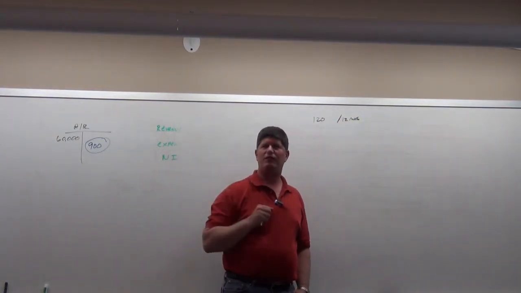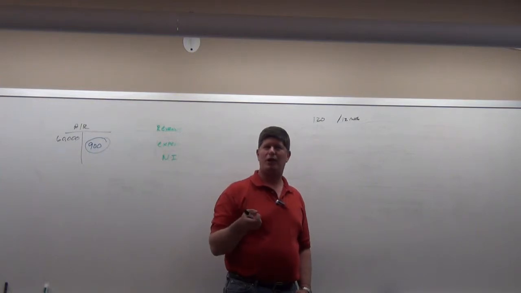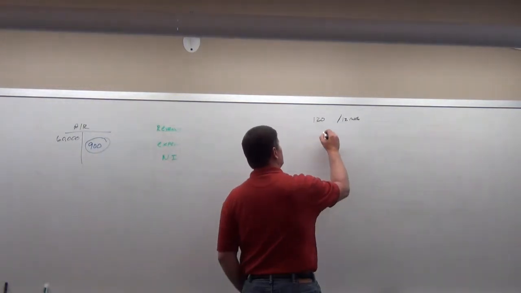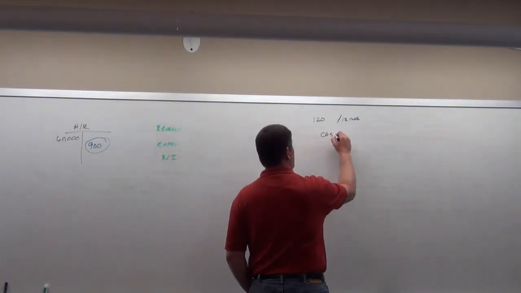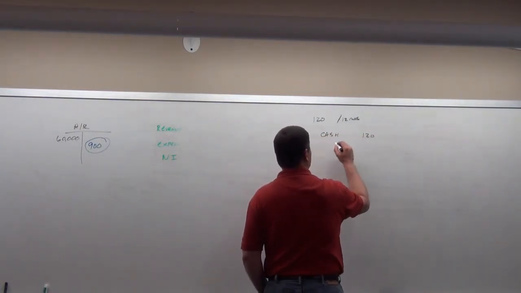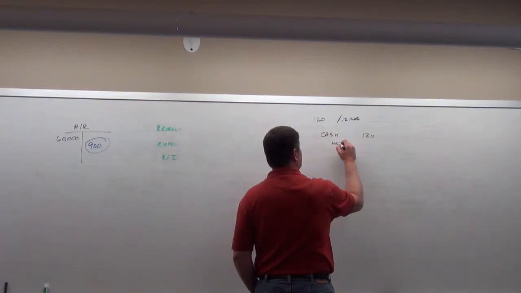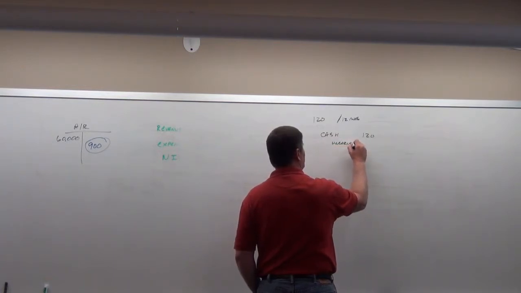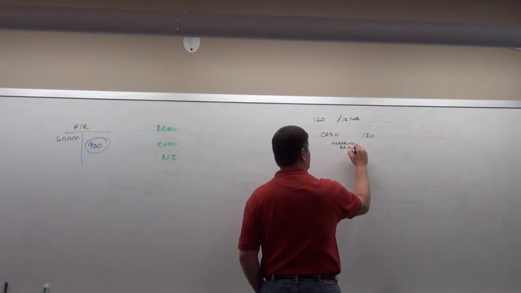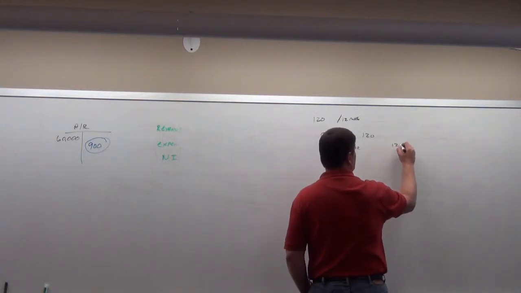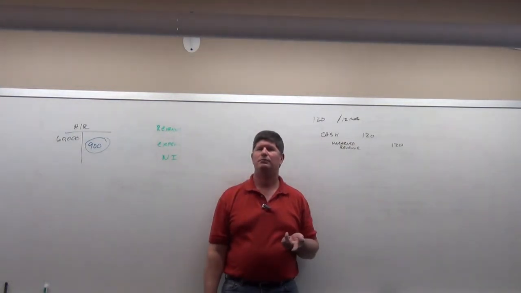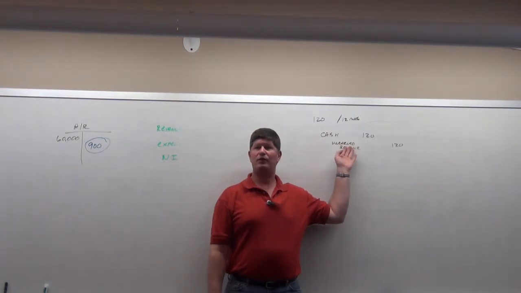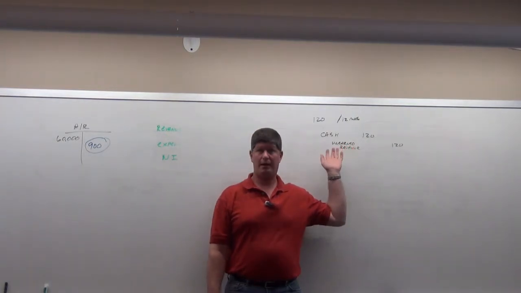We write a check, we mail it off to People. They cash the check. What's their entry? What'd they get? Cash. Cash goes up 120, and they're going to credit unearned revenue 120. Unearned revenue is a liability on their balance sheet, saying that I owe this money to someone else.